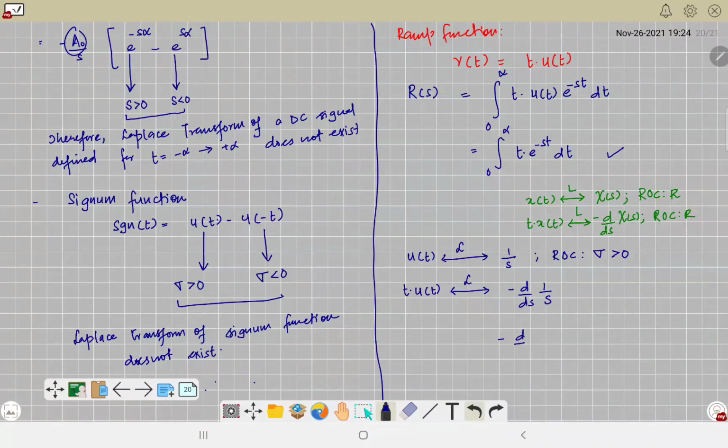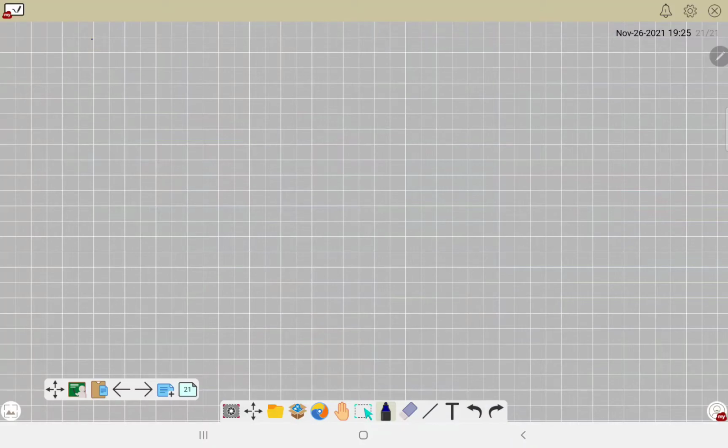It will be minus d by ds of s raised power minus 1, and that will be 1 into s raised power minus 2, which will be 1 upon s square. Okay? So the Laplace transform of t into u of t is 1 upon s square with region of convergence being sigma greater than 0.